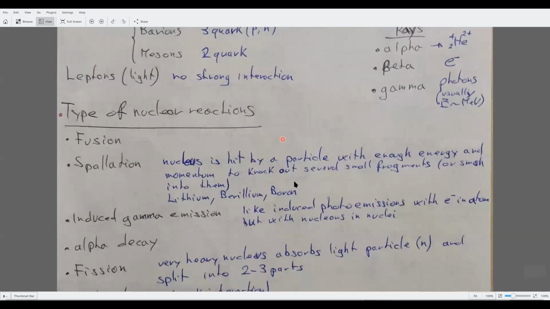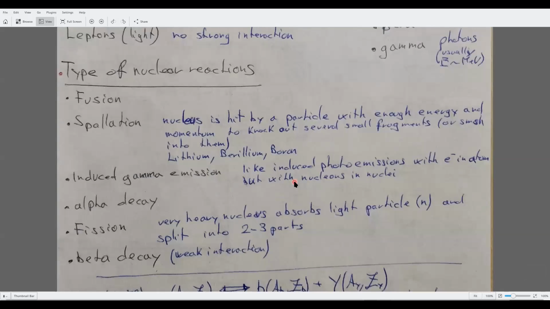Nuclear reactions, we have several. The main one, usually, when you are thinking about stars, is fusion, that is fusing two nuclei together.